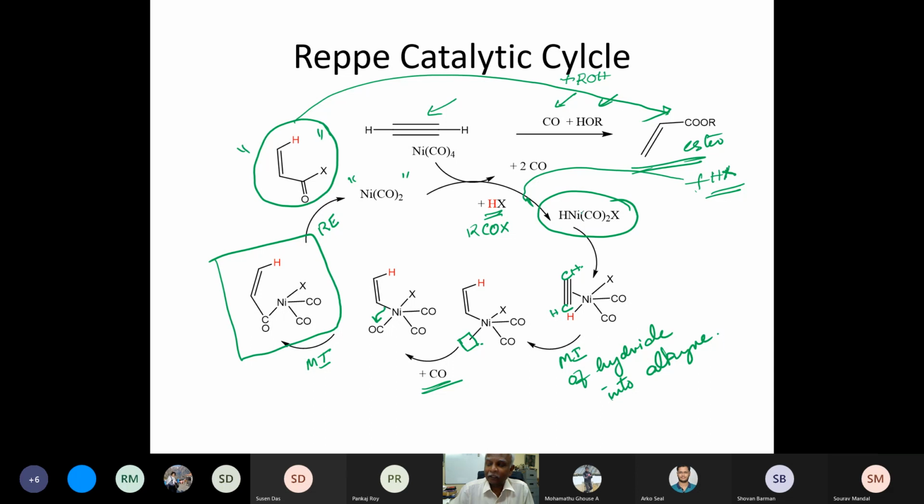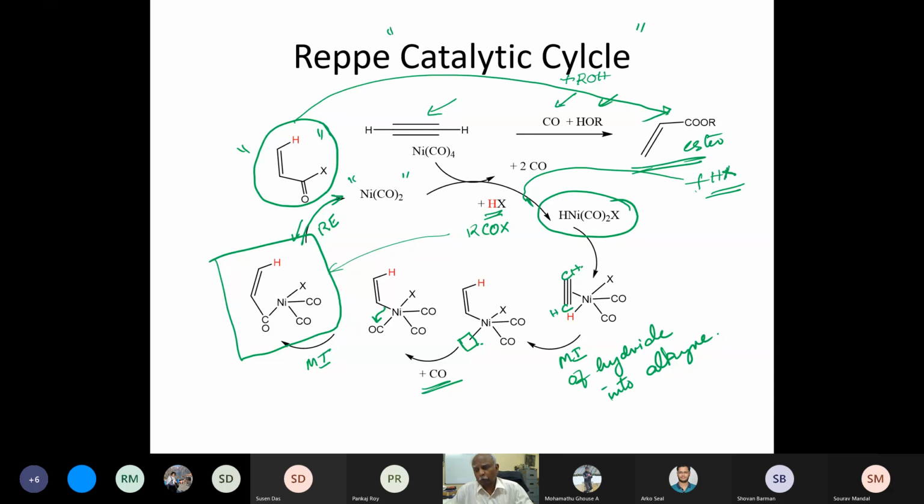It would have regenerated this product, but RCOX does a one-way reductive elimination. This is much faster than the reverse reaction. So that is the reason why HX oxidative addition is favored, and you end up with a catalytic cycle that goes on here. So catalytic cycles require a lot of balance in various reaction rates.